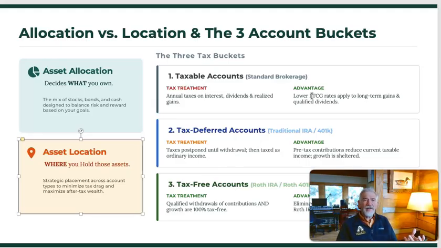What we need to look at, though, is what types of equities are we looking at? Are they low basis equities? Are they high basis equities, where there would be very little gain to be taxed if you were to actually sell those, liquidate those for income? Would your tax bill be low?